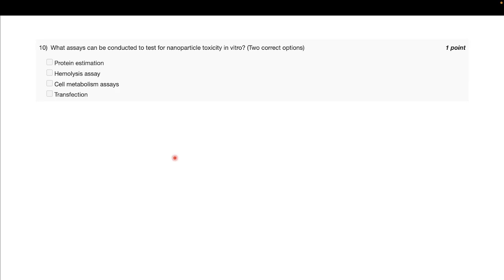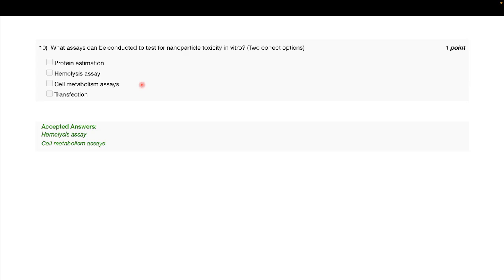Okay, let's look at the answers. So the correct answer is 2 and 3. I guess one of you answered correctly. So hemolysis assays are done because sometimes these nanoparticles, being of a very small size and very interactive with the proteins present in the blood, can attach and cause lysis of your RBCs.